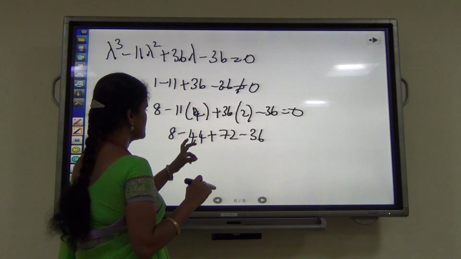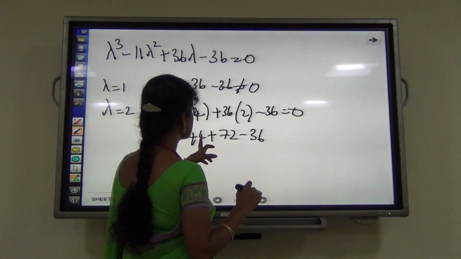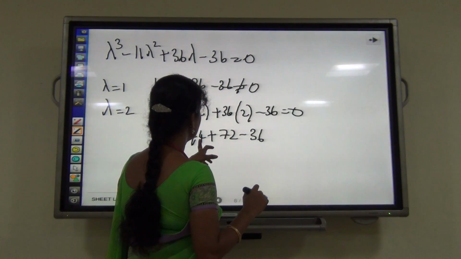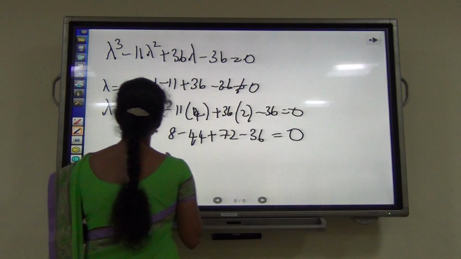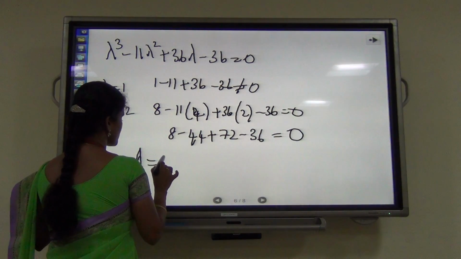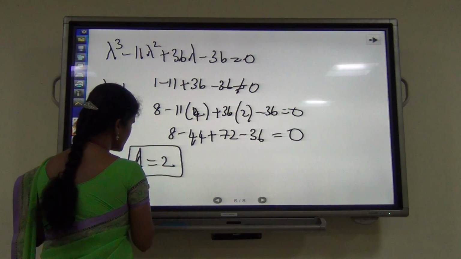As we subtract this, we get 80 minus 80, so it is equal to 0. So lambda is equal to 2 is one of the roots, one of the eigenvalues.